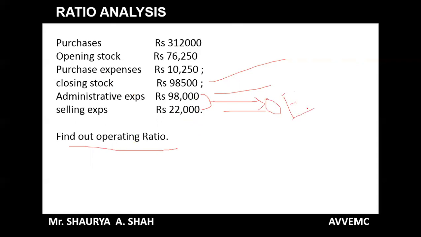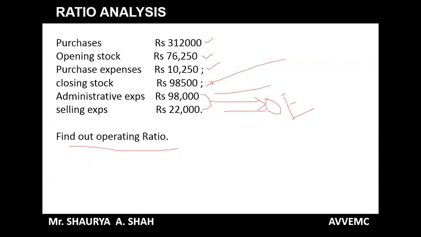Fine. Now the next thing is to find out cost of goods sold. Cost of goods sold, just now we saw, you have to calculate from opening stock, purchases, purchase expenses and closing stock. So what you will do? Opening stock plus purchases plus purchase expenses minus closing stock. That will give you cost of goods sold.